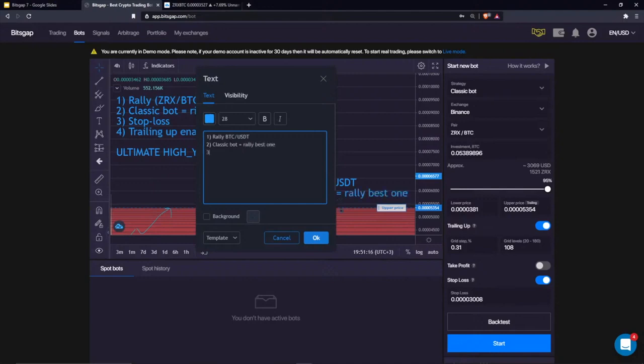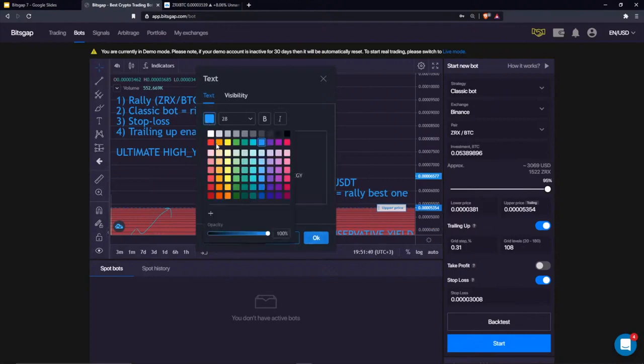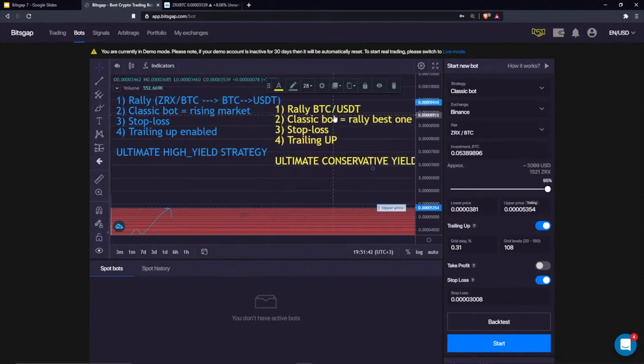The third one is to plot the stop loss. The fourth one is again trading up. So that's your ultimate conservative yield strategy. Let's make it yellow in that case.